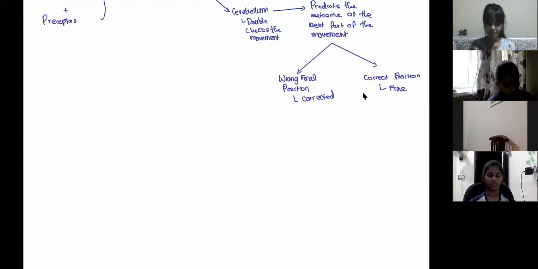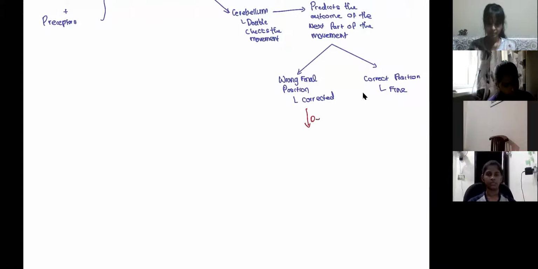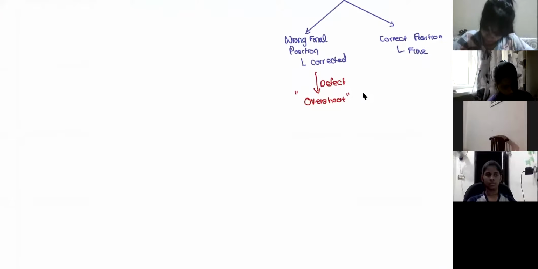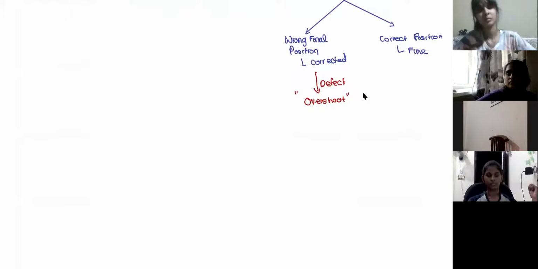This is what you call tone. Okay. And if there is a defect in the cerebellum, it can lead to something called overshooting. Okay. Guys, I will finish the vestibular cerebellar part and give you guys a break.